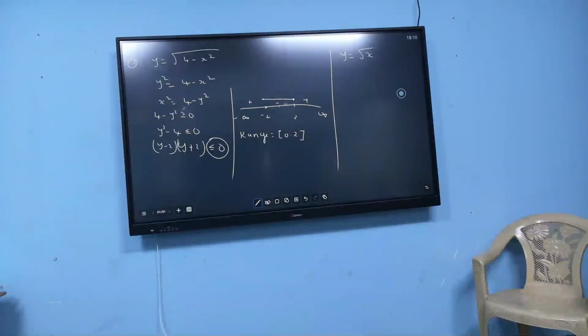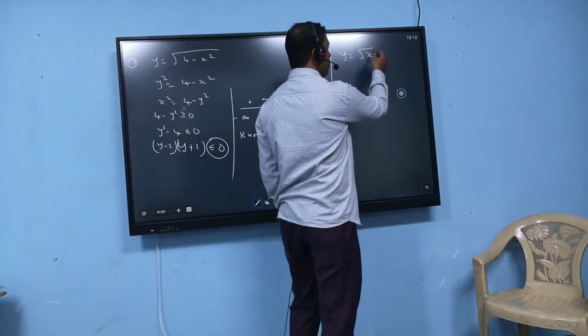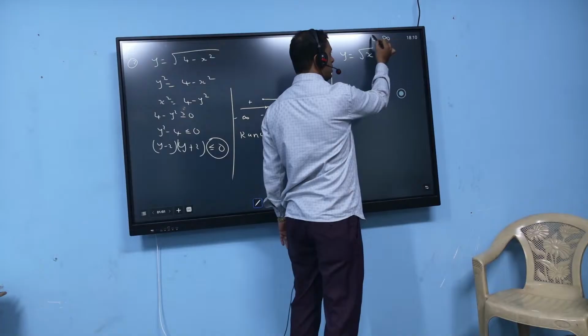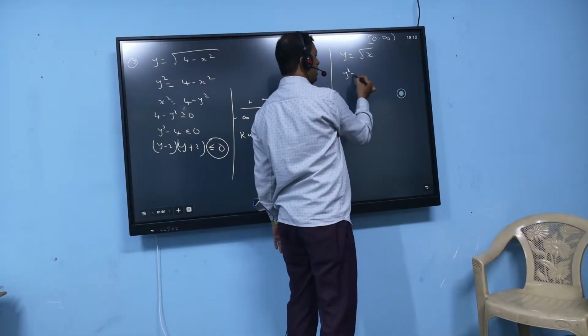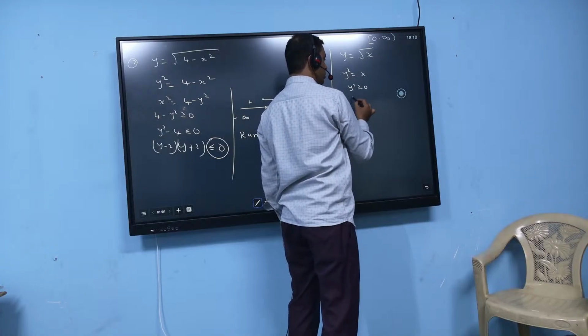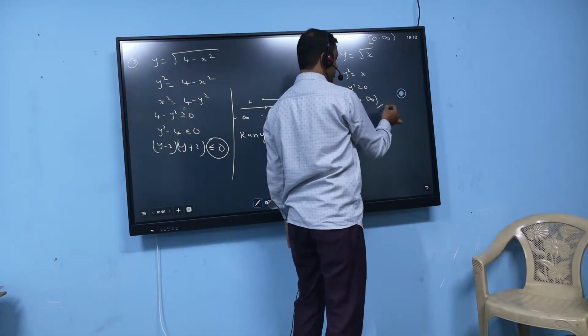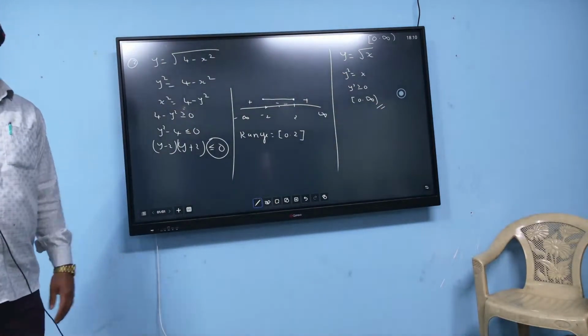What is the range of root x? Okay. Whatever value you put in the root, the values come from 0 to infinity, so correct. If you square on both sides, y square is equal to x. So y square means y is greater than or equal to 0. That means it is 0 to infinity. The range of root x is always 0 to infinity.